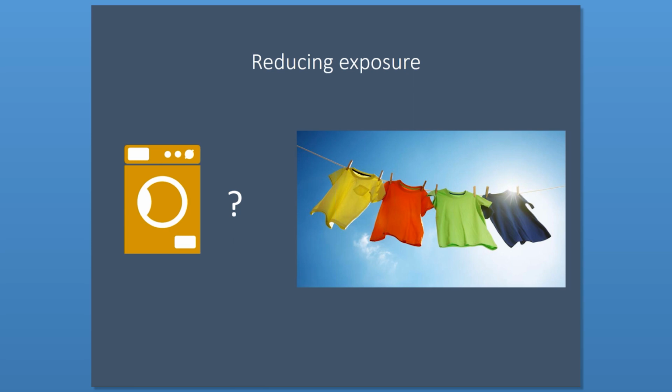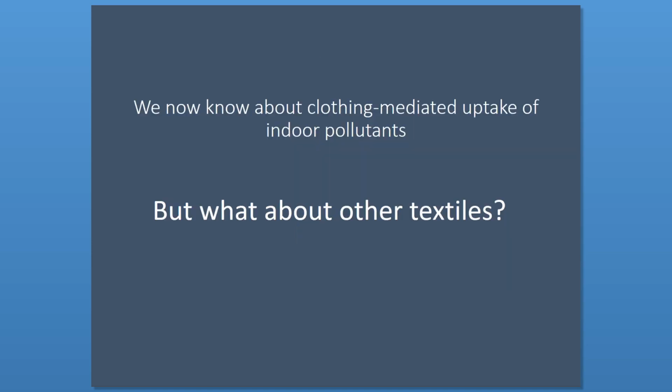But as I said, it's probably impractical for most people, so really there's not a whole lot. I don't make strong recommendations here, because I do get asked that a lot. So now we know a little bit about clothing and clothing-mediated uptake of indoor air pollutants.